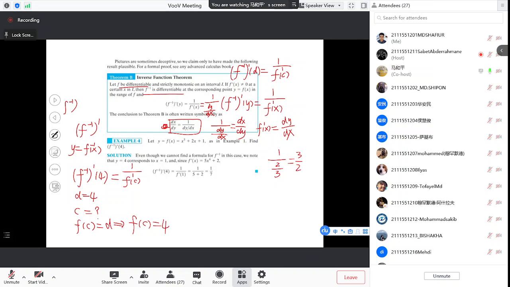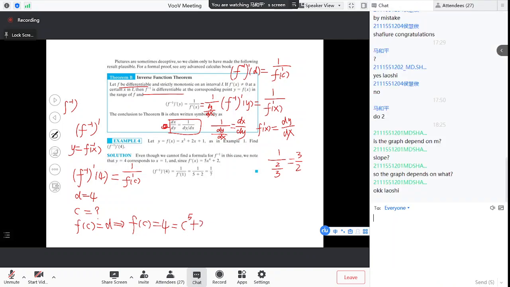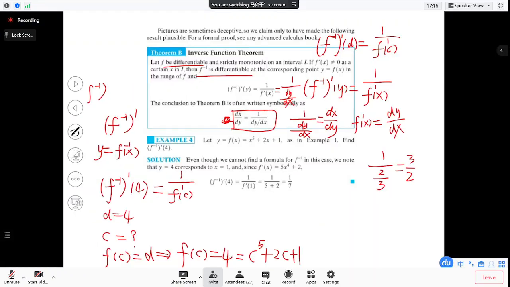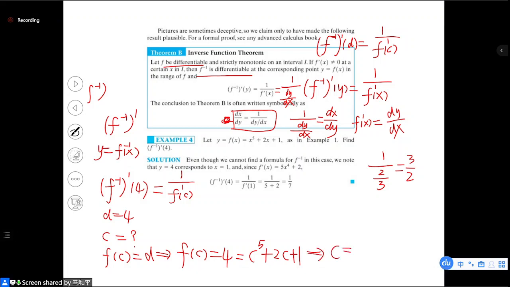This means f(c) is equal to c to the power 5 plus 2c plus 1, and this is equal to 4. So we solve for c. This is a higher power equation, but we can guess it. We can guess c is 1. We can check it: 1 plus 2 plus 1 is 4. So this means we get c is 1.